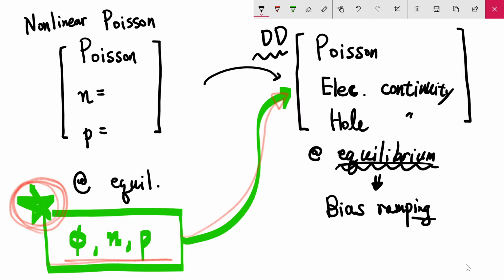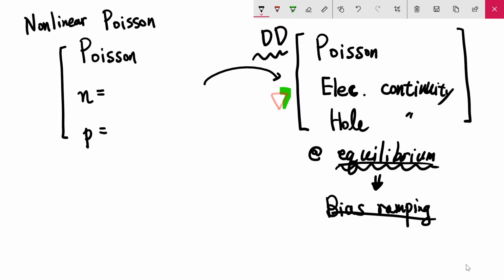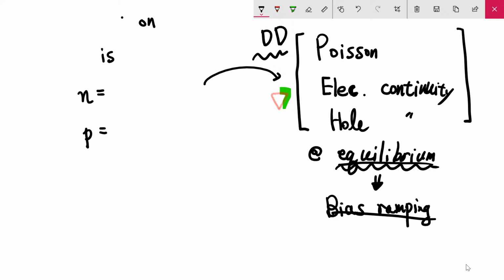So I want to ask you to do several tasks for your drift diffusion model. Please introduce the double gate model. I guess that all of you are working with the double gate model we have introduced in the textbook.